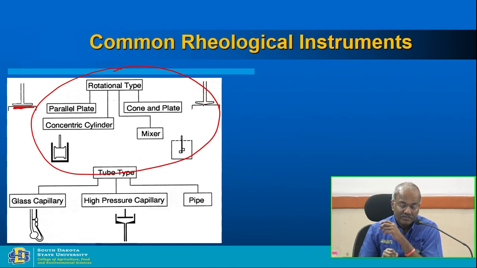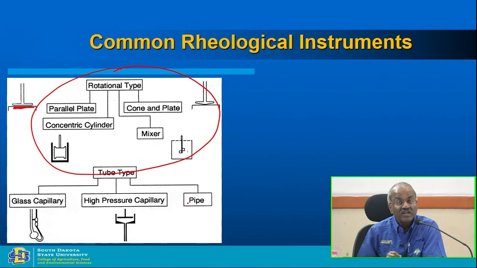Then there is another configuration called a mixer. The material to be tested is put in the cylinder here, and there is a vane attachment so that you can mix the sample and find the rheological properties. So these are all about the rheometer. This is an objective test. You also have other ways of measuring viscosity using a capillary tube, high pressure capillary, and pipe.